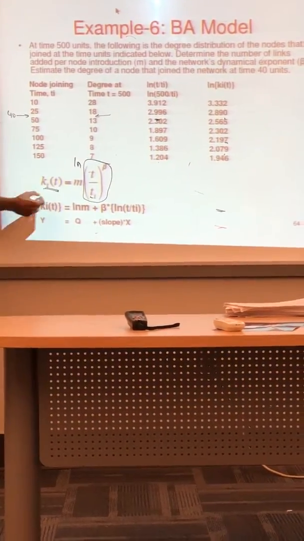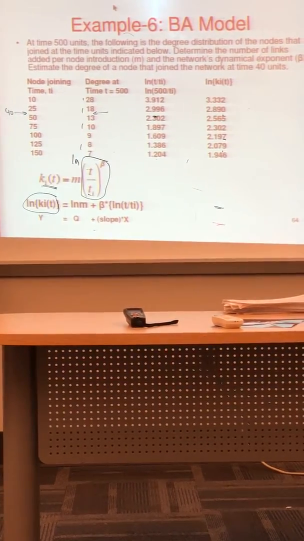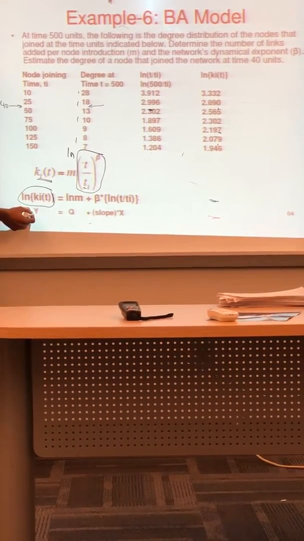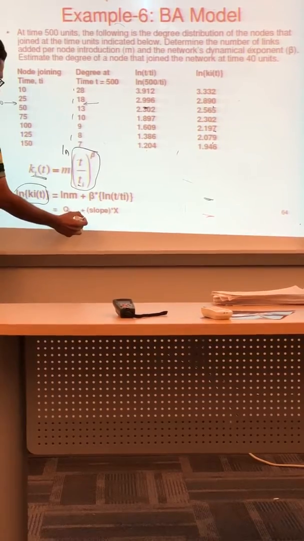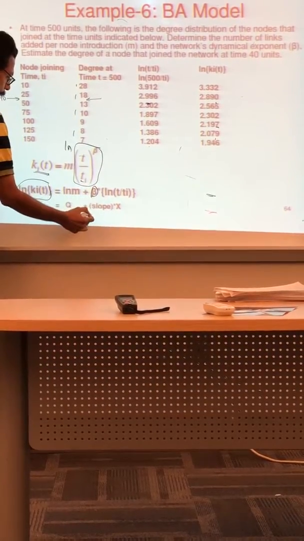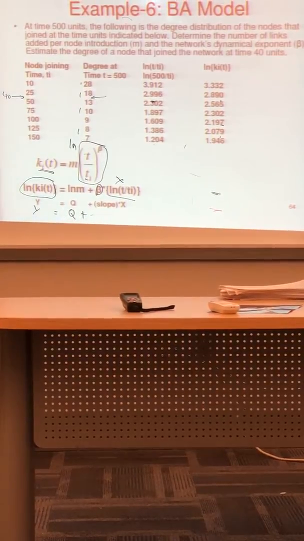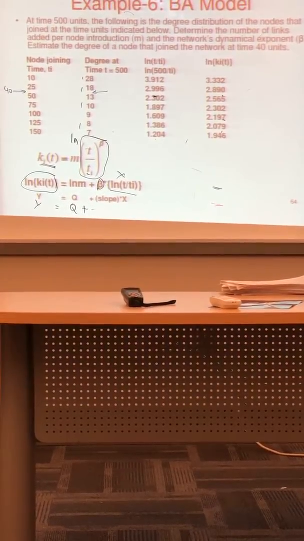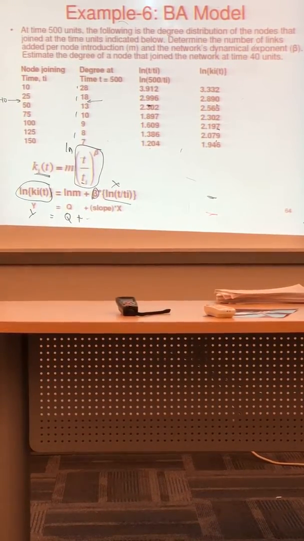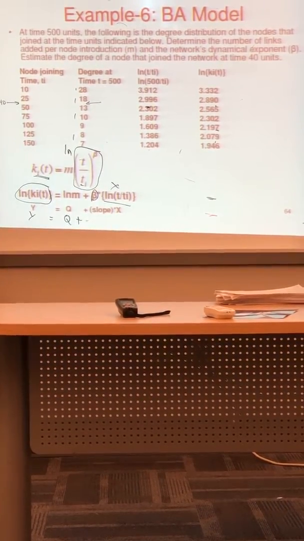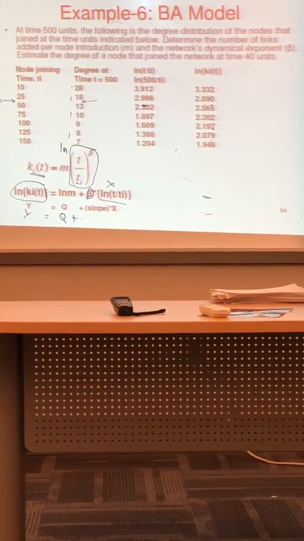So degree is given for the different nodes at time 500. So that is like y equals some constant unknown plus this. So this is our slope, beta times x. So we have to decide which is x and y. Log of t over ti is your x, and the log ki at time t is your y.